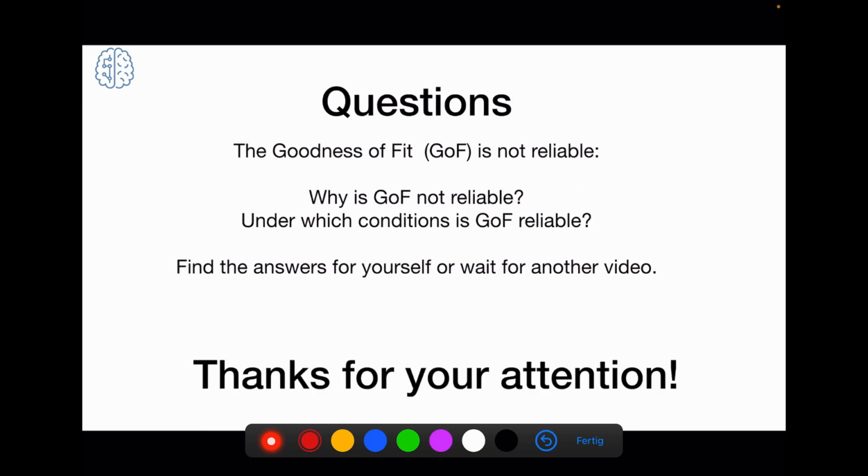The questions here are, why is the GooF not reliable in these cases? And under which conditions is the goodness of fit reliable? You can alternatively ask yourself also, under which conditions is the numerical value between the goodness of fit and the alternative goodness of fit the same?